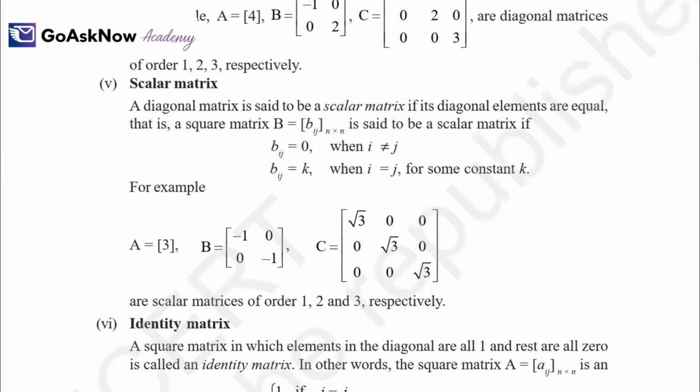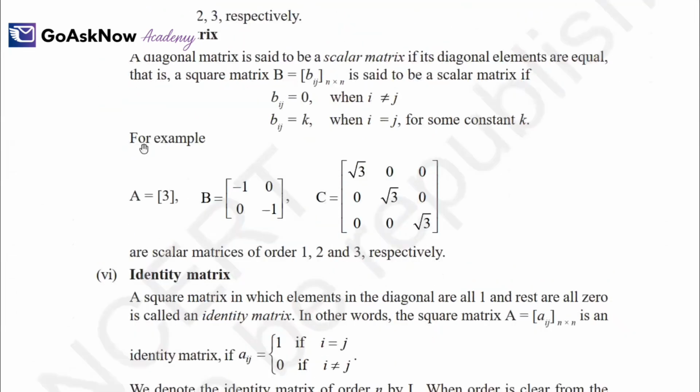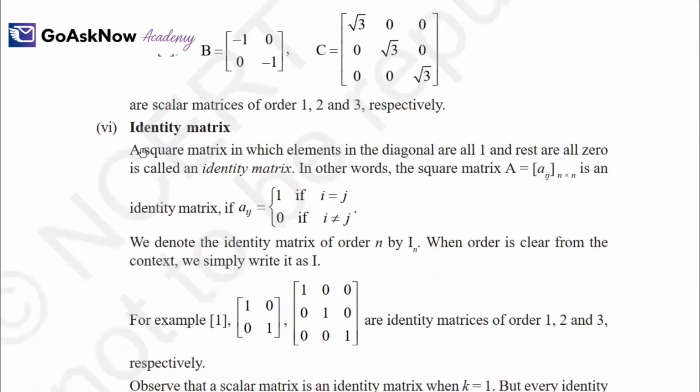The sixth type is the identity matrix, a square matrix in which all the diagonal elements are one and the rest are all zero.